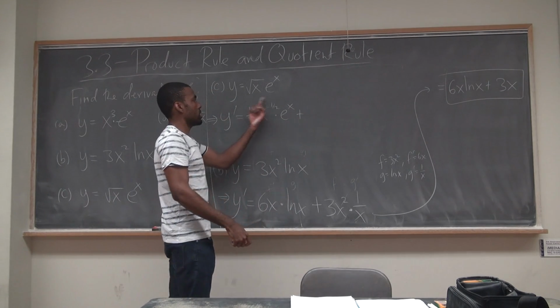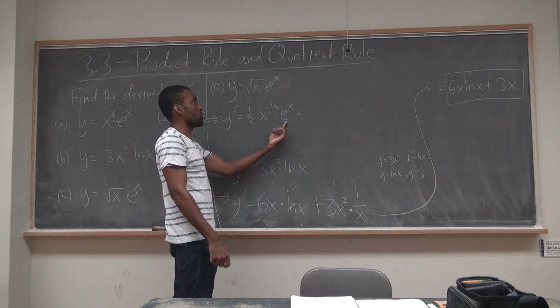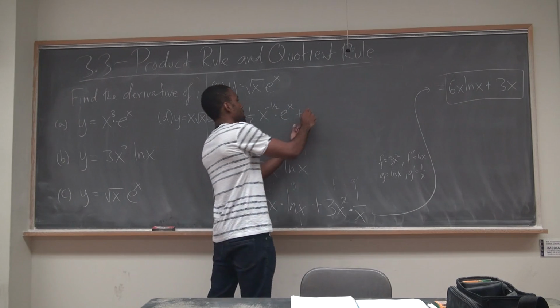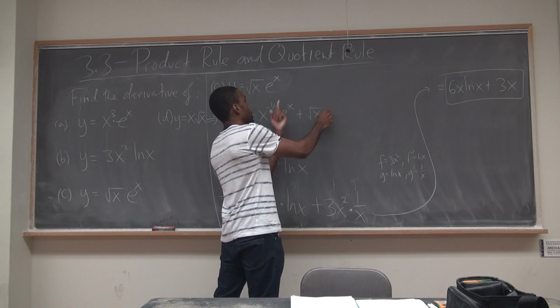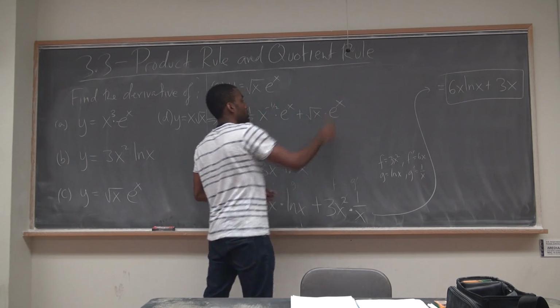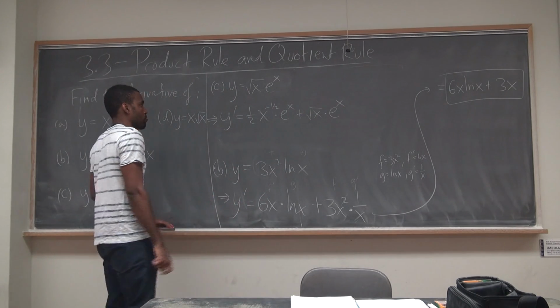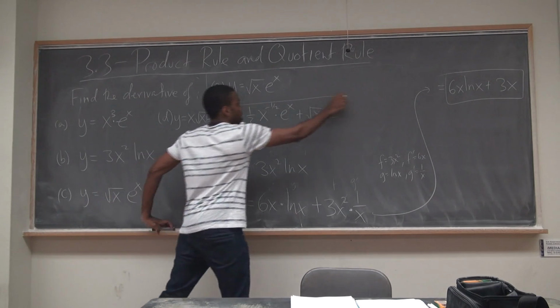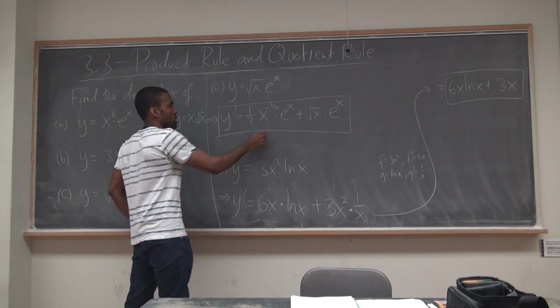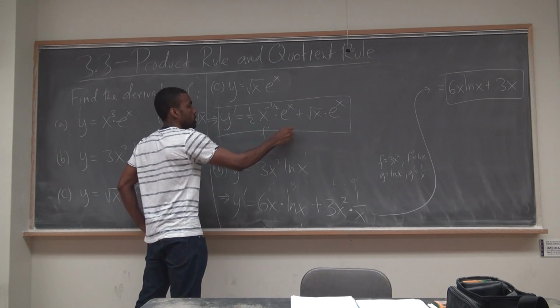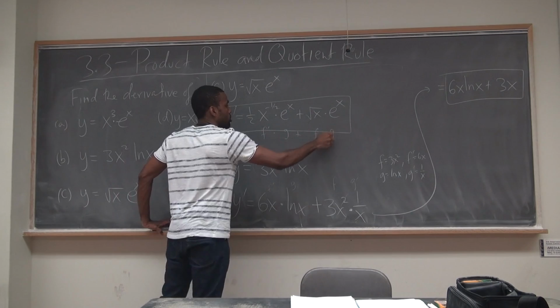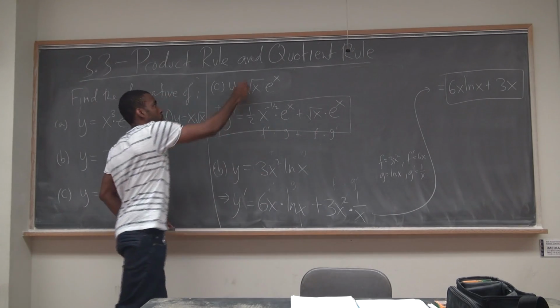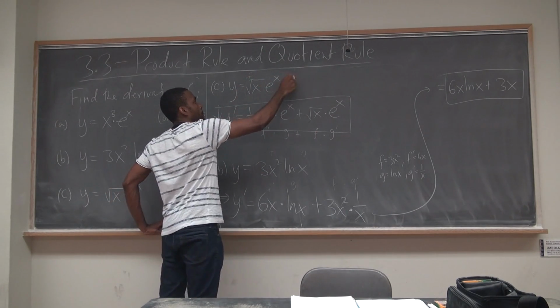Right, so you differentiate the radical x, you leave the e to the x alone. Now, you leave the radical x alone, and you differentiate the e to the x, which happens to be itself. That would be your answer. So that's your f prime times g plus your f times g prime. Right, where that's my f, that's my g.